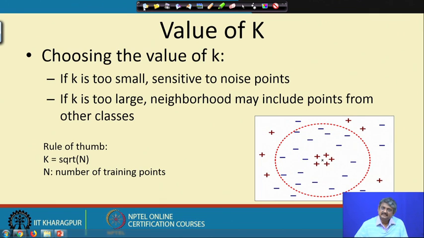There is really no theory to decide what is the correct value of k. Some rules of thumb are here. One rule of thumb is this, where n is the size of the training set. Some other people take it this way.